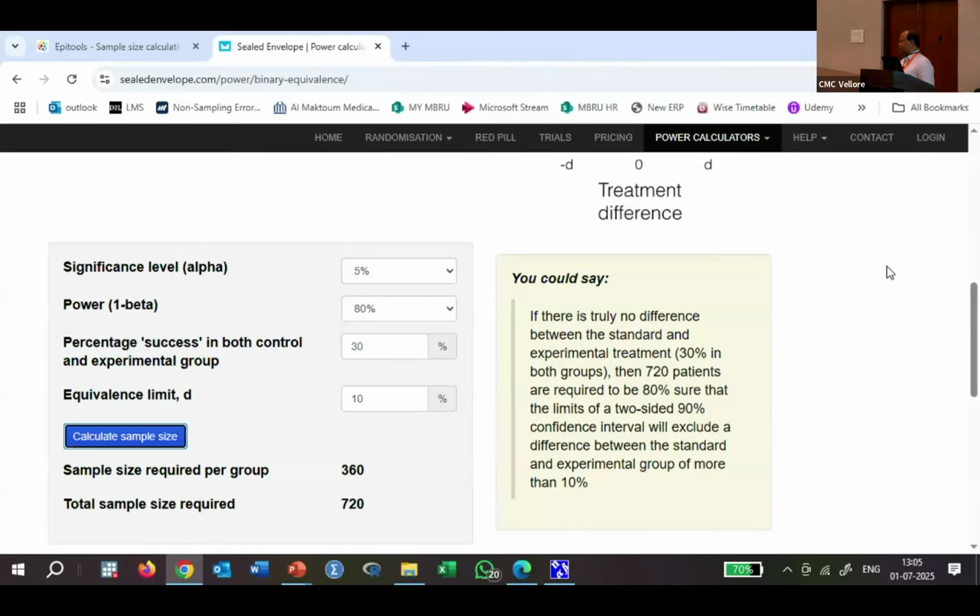It will reduce the sample size to some extent. Do you understand this? If you assume that both are going to be equal in effect, it is as good as your superiority trial because you fixed your margin. Any questions? So these are all very simple calculators you can use.